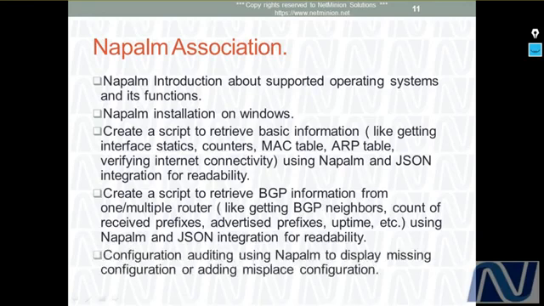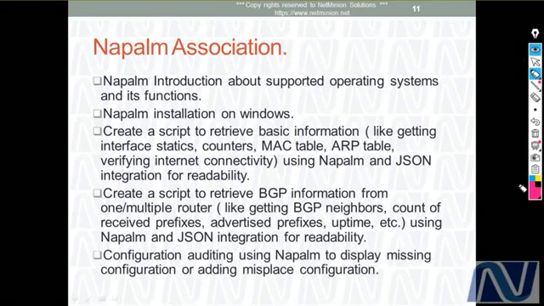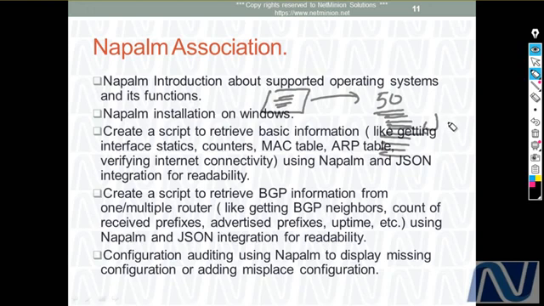Then one more thing which we are using here is auditing. Auditing is, like I was telling you, there is a file which we need to apply over maybe 50 devices, and maybe some device has been added afterwards and we don't know which device that is. We can create a script so that if this configuration is already applied, then do nothing.